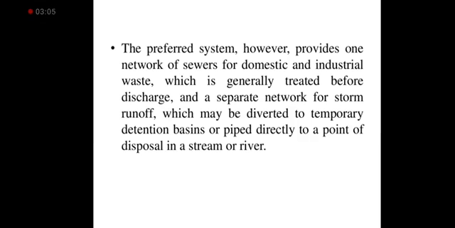It means we have three types of pipe provided separately: domestic, industrial and storm. The domestic and industrial pipelines go straight to the treatment plant, but the storm water, the runoff rainwater, goes directly to the stream or river.